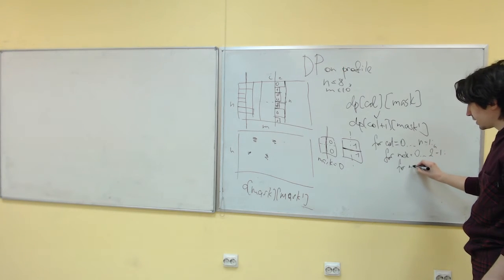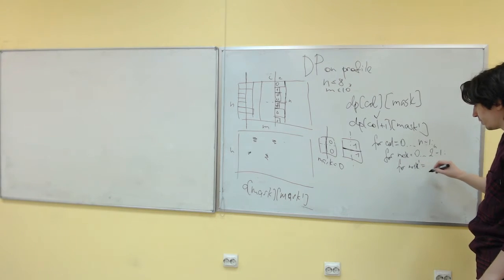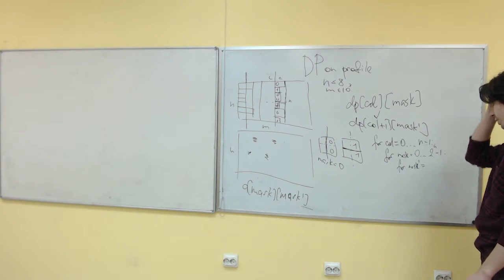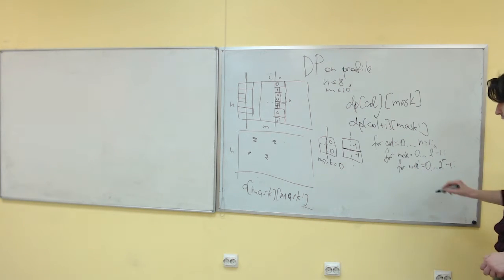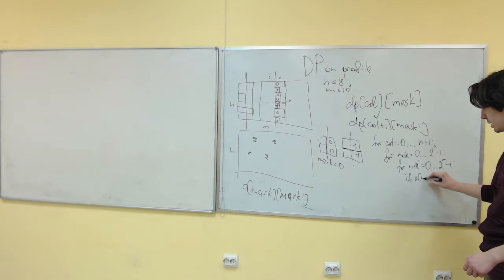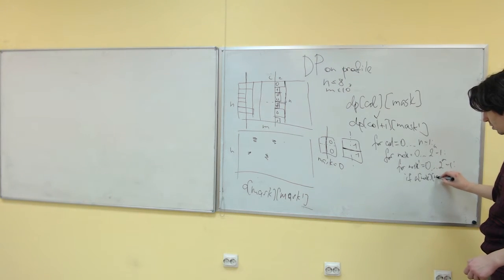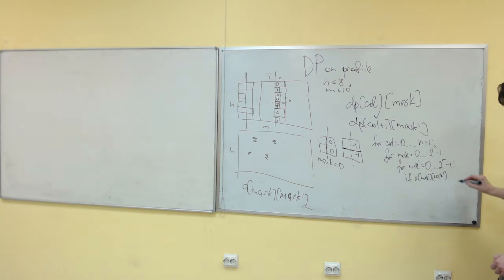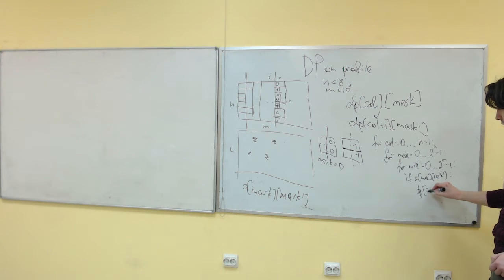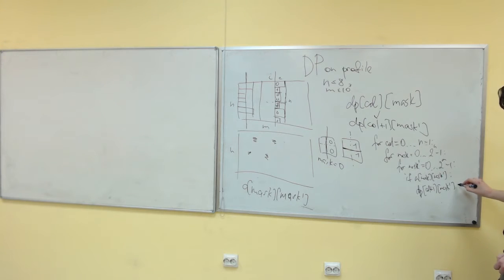We calculate for the new mask from 0 to 2 to the power of n minus 1, and we pre-calculate all these edges. If there is an edge between them, then dp of col plus 1, new mask plus equals dp of col, mask.